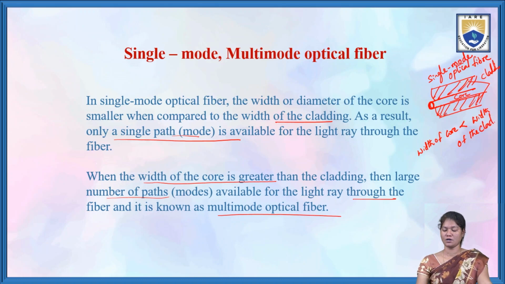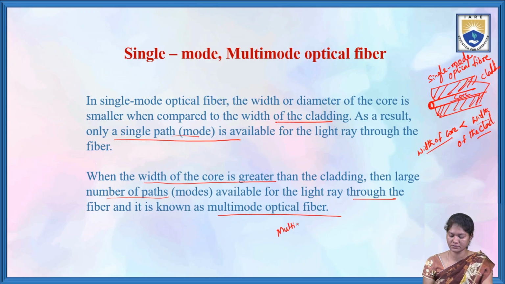In single mode, the width of the core is less than the width of the cladding, so that only a single mode is available for the light to travel through the optical fiber. In multi-mode optical fiber, the width of the core is greater than the width of the cladding.